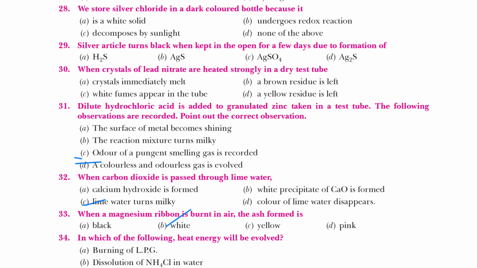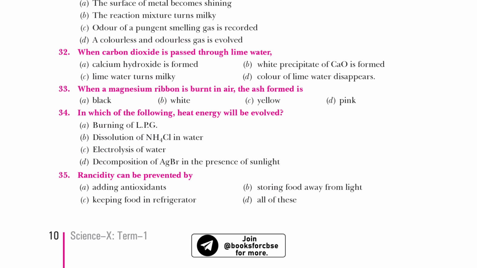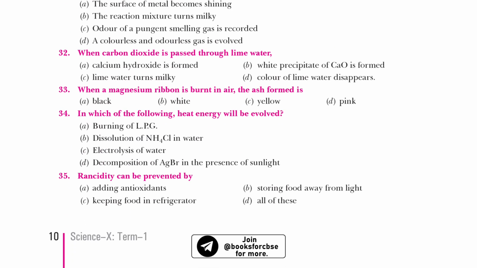Powder is formed. Next question number 34. In which of the following will heat energy be evolved? Burning of LPG, dissolution of heat means exothermic reaction. First one, burning of LPG, is an exothermic reaction.